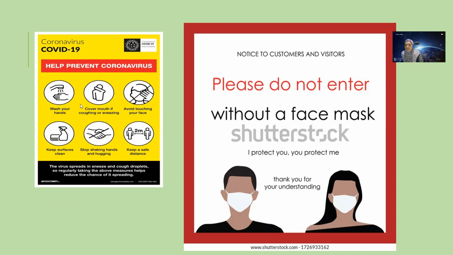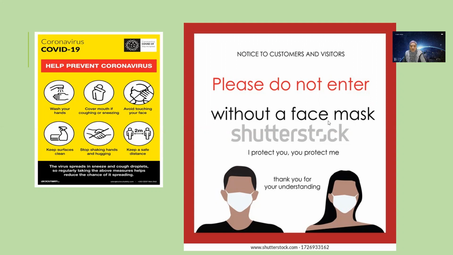Okay, for example, you give: help prevent coronavirus by washing your hands, cover mouth if coughing or sneezing, avoid touching your face, keep surfaces clean, stop shaking hands, keep a safe distance.